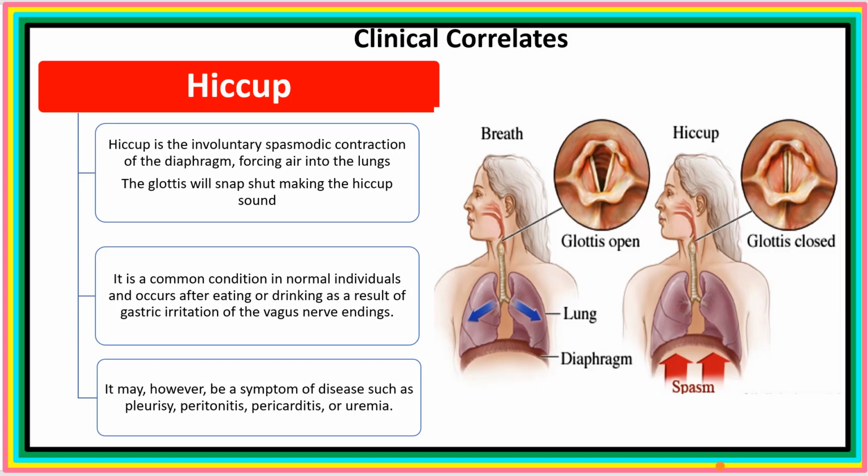Now, hiccup is a condition that is normal in individuals and usually occurs after eating or drinking, and this occurs as a result of gastric irritation of the vagus nerve endings. It also can be a symptom of diseases such as pleurisy, peritonitis, pericarditis, or uremia.